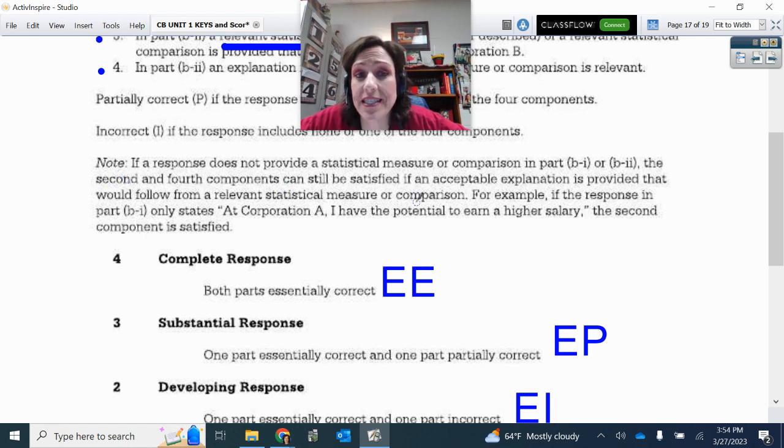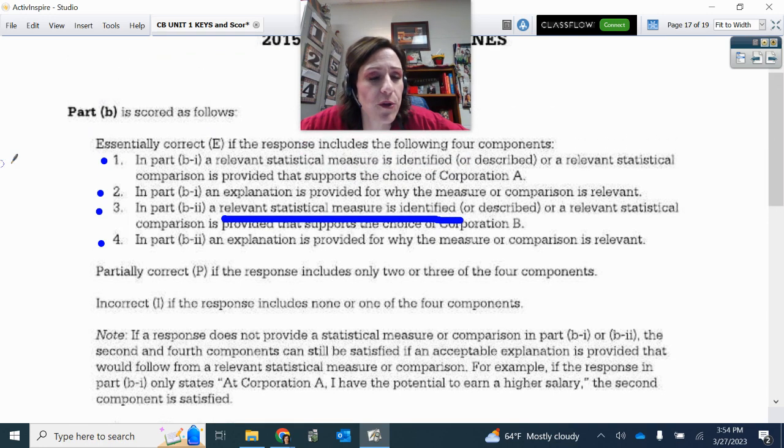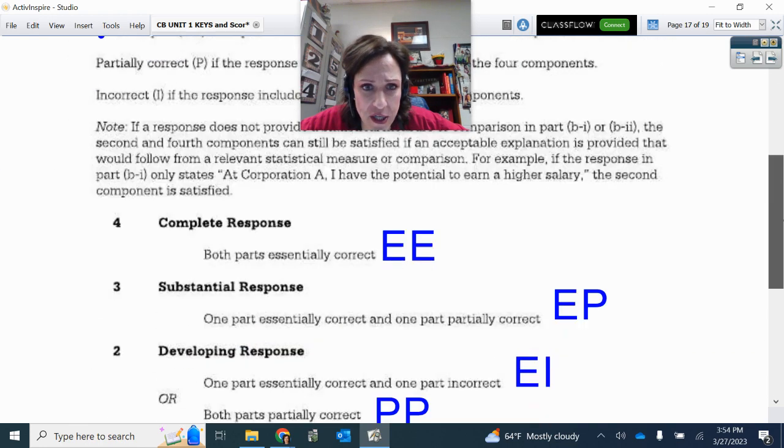Note, if you do not provide a statistical measure of comparison, then the second or fourth component could still be satisfied if you do things such as, for example, if you only stated at Corporation A, I have the potential to earn a higher salary, that indicates you know that those upper outliers are indicating a higher salary, so they would let you have that second component even though you did not receive credit for a relevant statistical measure about the outliers.